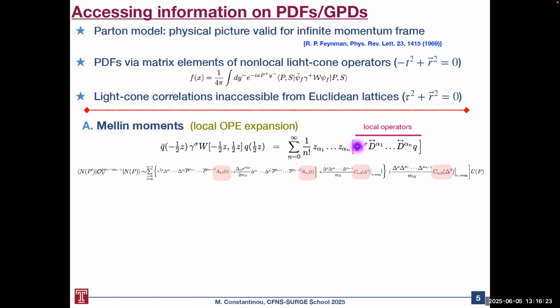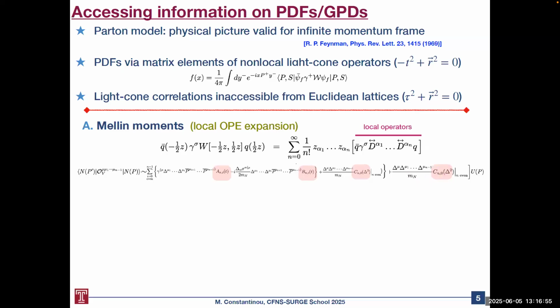One thing to see here is that you have this series over n, and n is the order of a derivative operator you insert in your matrix element. You can go from 0, so you have an ultra-local operator, and you have one derivative, two derivatives, three derivatives, infinite derivatives, and each one with a given derivative decomposes according to the symmetry properties of QCD into some measurable quantities.